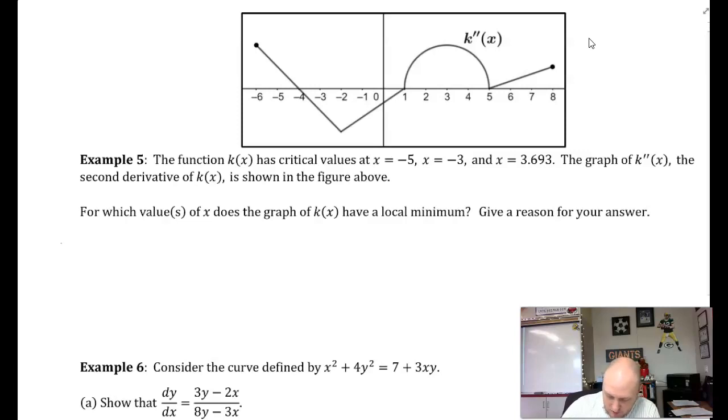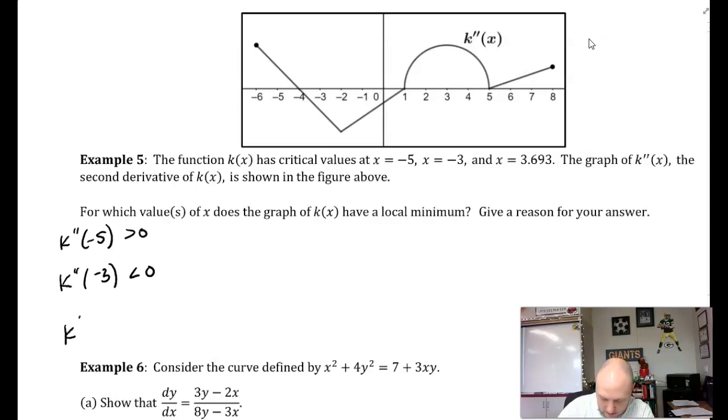Using this information, what is k double prime of -5? It's a positive value. K double prime of -3, well, that's a negative value. That is less than 0. And this is greater than 0.